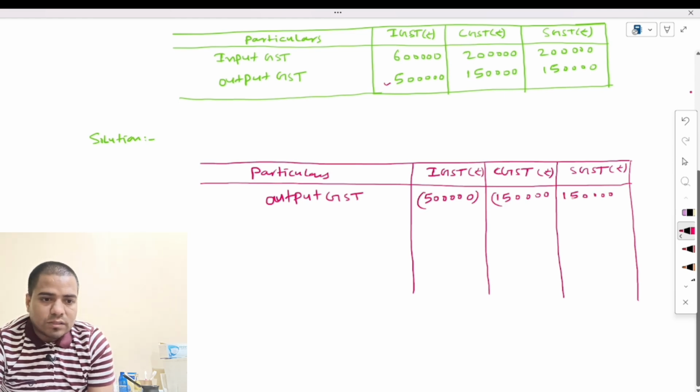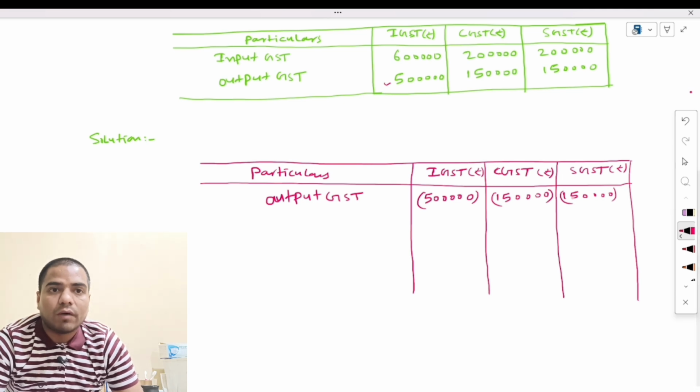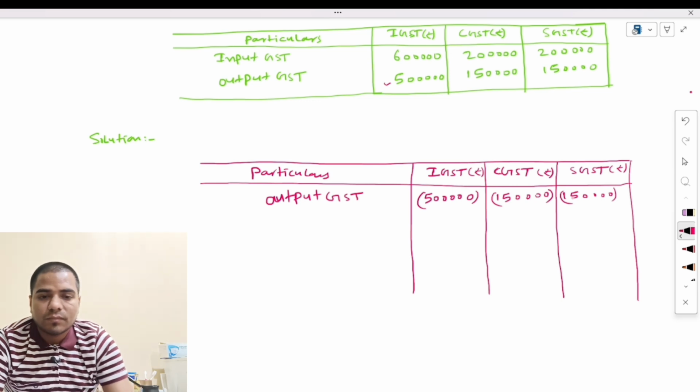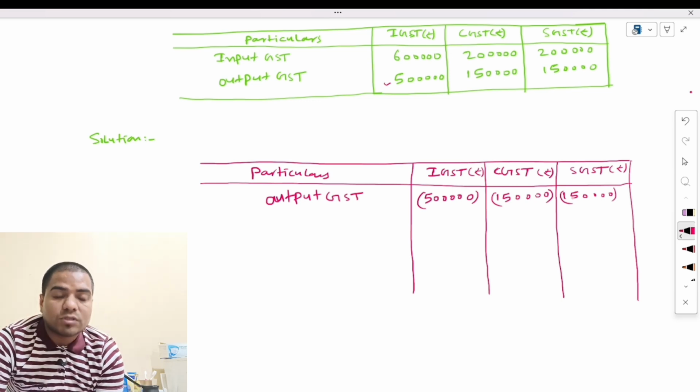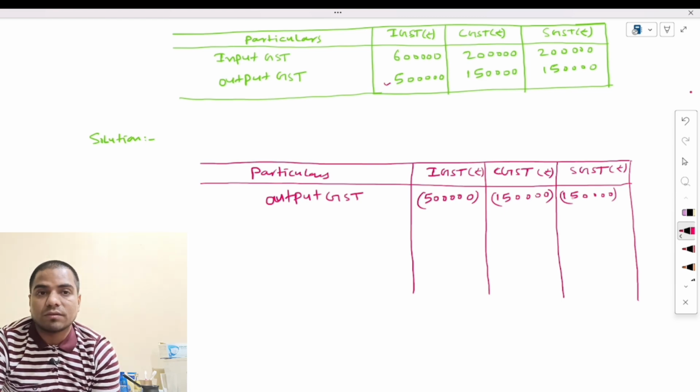This output balance is the minus balance because we have collected this output GST amount from our customer which has not been paid to the government. And input GST balance is the positive balance, plus balance, which we have already paid to the government or any third party on behalf of the government. Here first of all we will set off the output IGST balance with input IGST balance.